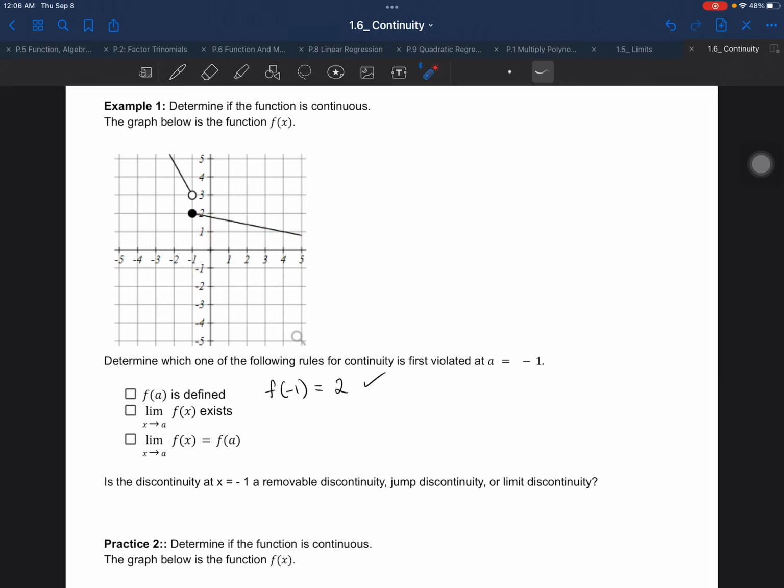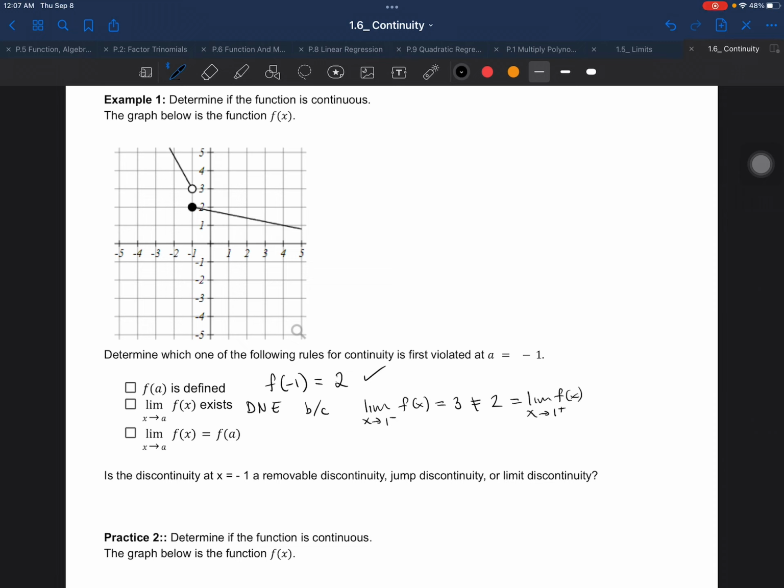So we see that the limit does not exist, because the limit as x approaches -1 from the negative side of f of x is equal to positive 3, which is not equal to 2, which is the limit of f of x as x approaches -1 from the positive side.